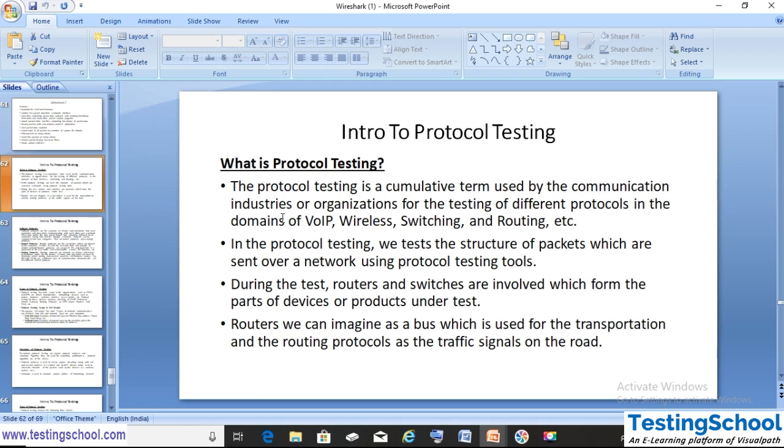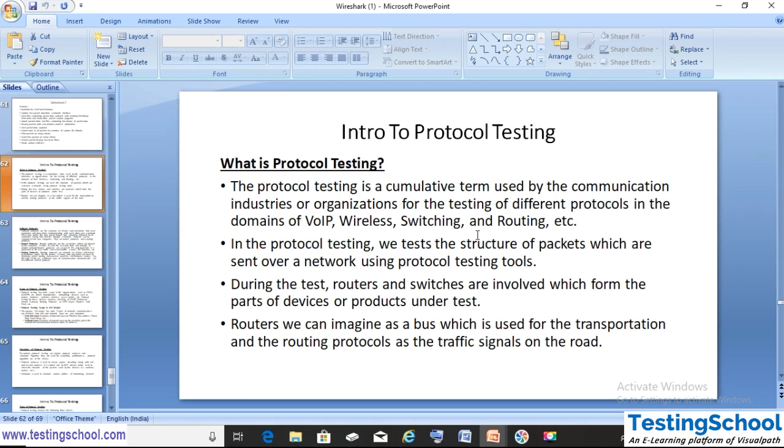Protocol testing is a cumulative term used by the communication industry. So what is a protocol? A protocol is a set of rules. If two persons are communicating, and one is following one rule and the other is following a different rule, they will not reach a single conclusion. That's why there is a protocol. When two parties communicate, they both follow the same protocol, and only then can they reach a conclusion.